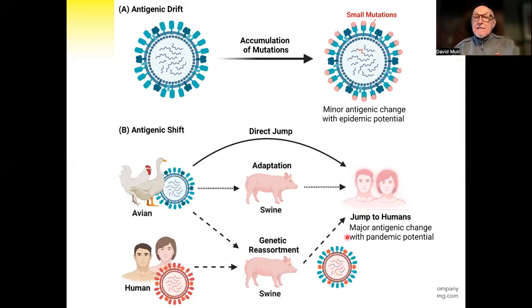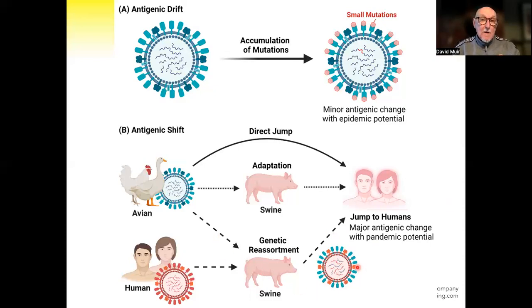And this is the source of really virulent pandemics of influenza. And we have seen numerous of them during human history. And they've usually arisen through this route here, either directly or through genetic reassortment.